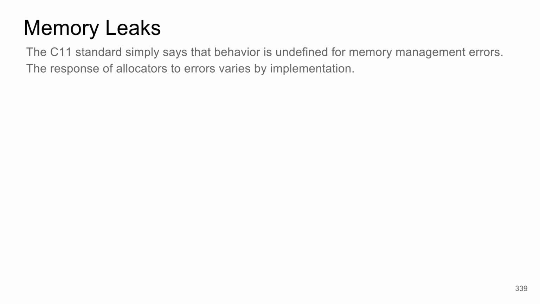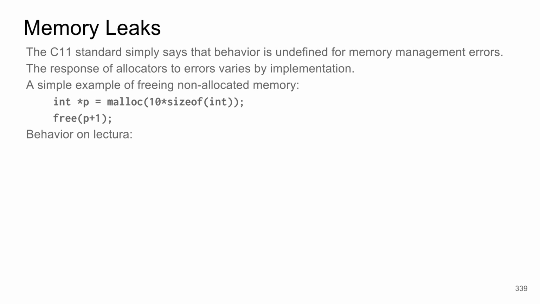Great. So the C11 standard simply says that behavior is undefined for memory management errors. The response of allocators to errors will vary by implementation. A simple example of freeing non-allocated memory, here's its behavior on Lectura. If we had this exact block of code where we allocate some block of memory and we store its address in p, this would be an error because it's not that original address that was returned by malloc, right?